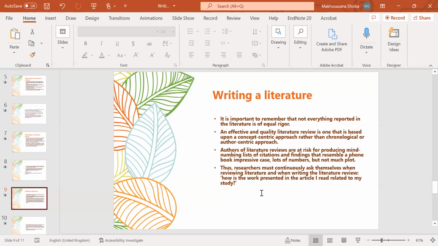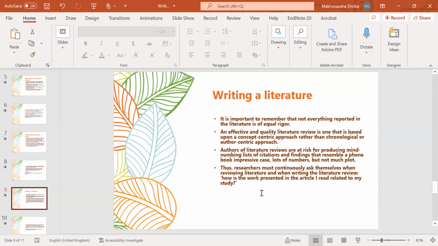So it's important to keep in mind that a good literature review is one that is based upon a concept-centric approach rather than a chronological or author-centric approach. So it's about pursuing concepts of your phenomenon rather than merely looking for when studies were written or looking for authors that have written around your phenomenon.